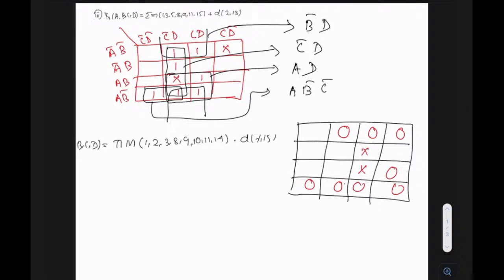So tell me, in this case, if I ask you to do the grouping, how many pairs and all you'll get?